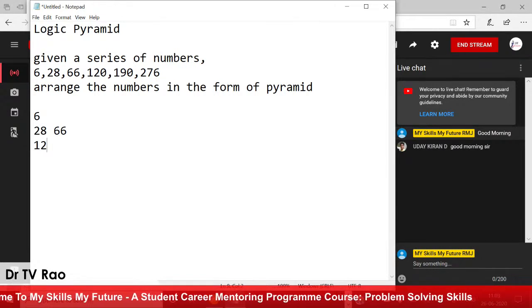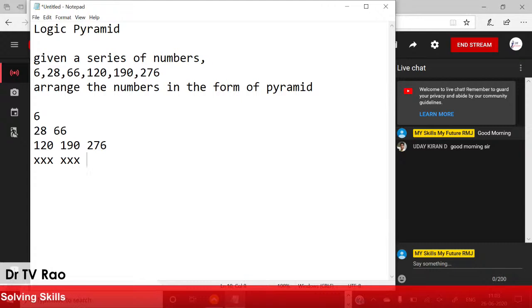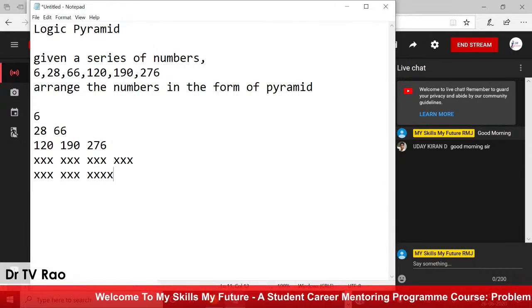Third line contains next three numbers. Fourth line contains next four numbers, which we don't know. And fifth line contains next five numbers.